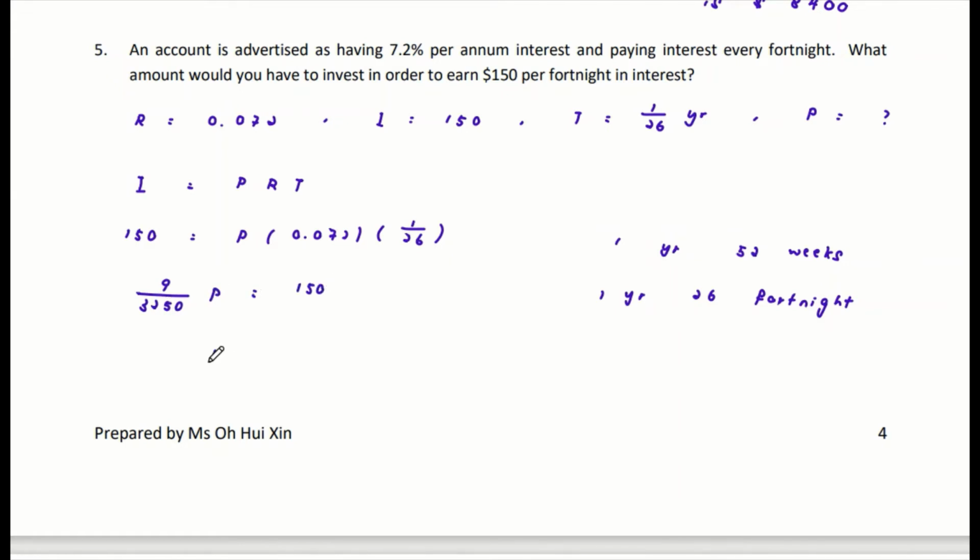So in this case, P will be equal to, just move this to the back, then it becomes divide. So you'll be able to get $54,166.76. So in this case, for you to get $150 every 2 weeks, you should invest this amount of money into the account. Alright, so that's the idea. Okay, so now we move on to the next part, where we talk about compound interest.